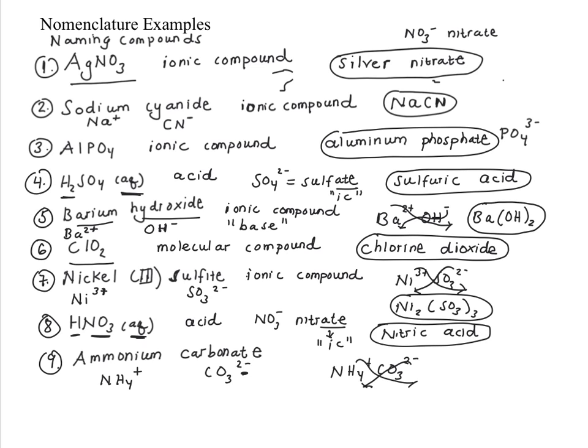So we're going to do the crisscross method, and since we need 2 ammoniums to balance the -2 charge on carbonate, we're going to put parentheses with 2 as a subscript around our ammonium and CO3 as our carbonate. So that is the chemical formula for ammonium carbonate: (NH4)2CO3.